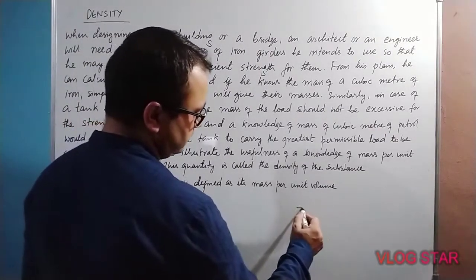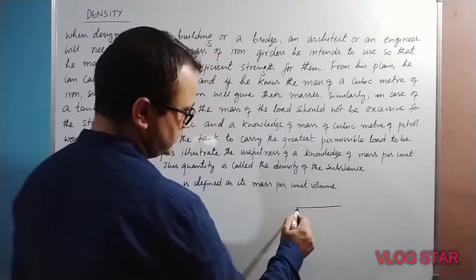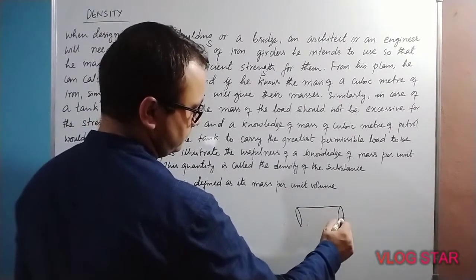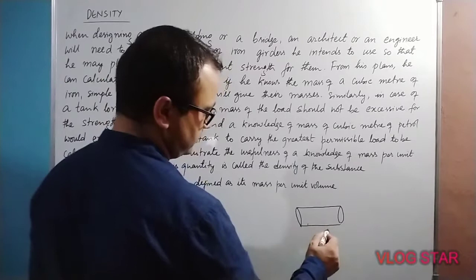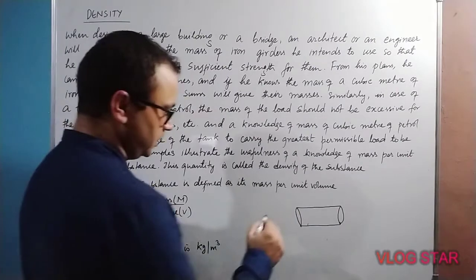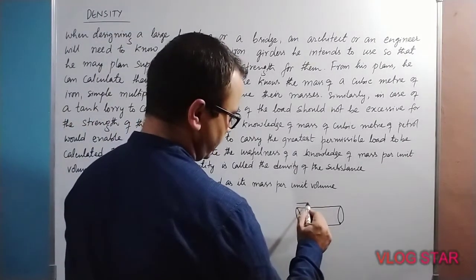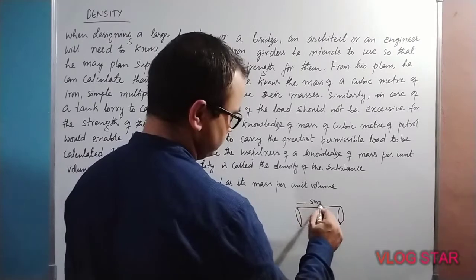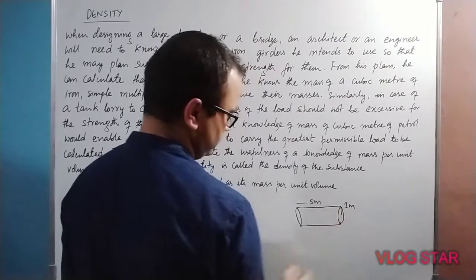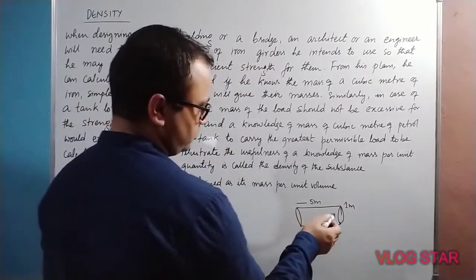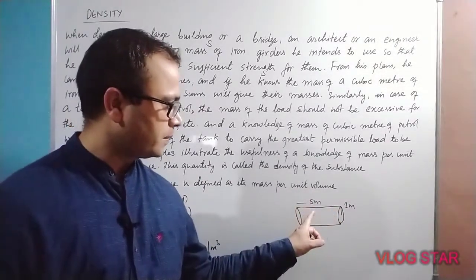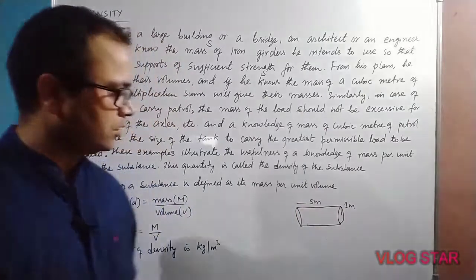Now from this example, if you have a tank lorry, this is the tank of the lorry. If it is like a cylinder, and the length of the cylinder is say 5 meter and the radius is 1 meter, first we will calculate the volume of the cylinder.